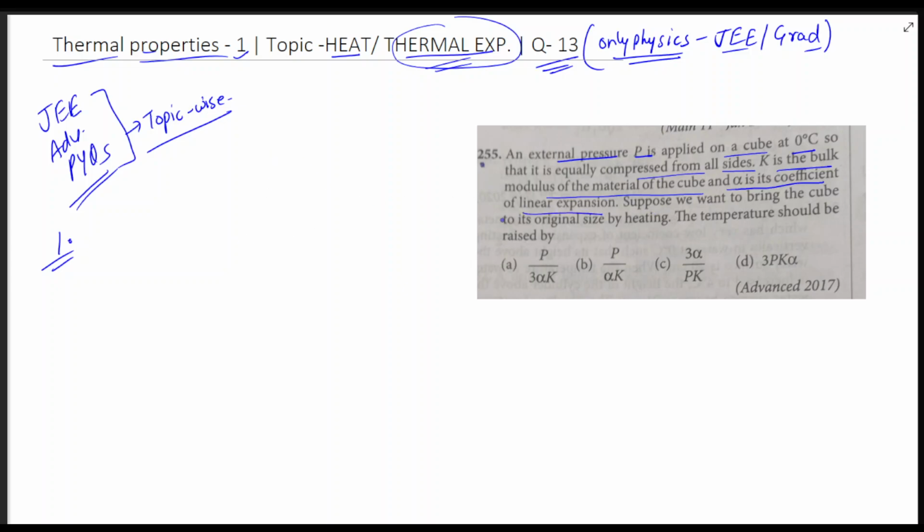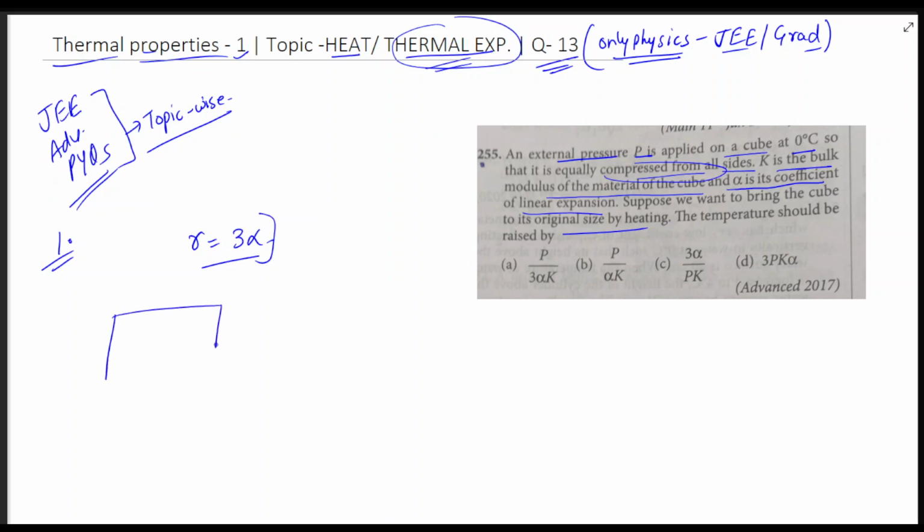If it is equally compressed from all sides, we can take gamma to be 3 alpha. So we'll be considering that the expansion will be equal in all directions. Suppose we want to bring the cube to equilibrium by heating, the temperature should be?